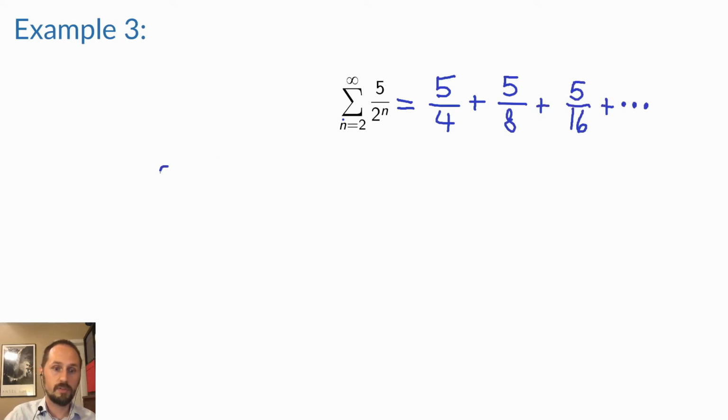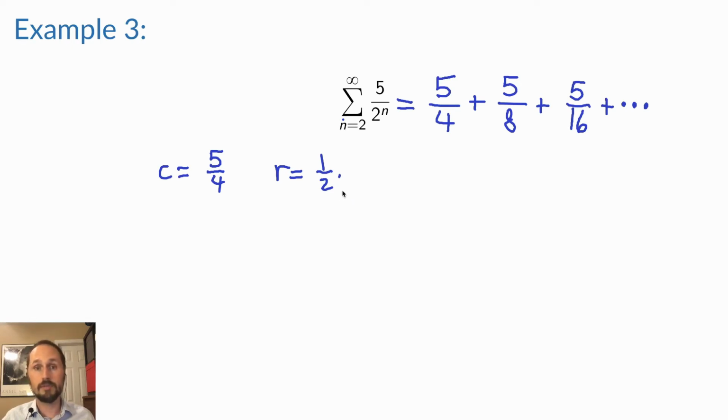Right? So this gives us c is 5 over 4. That's fine. And r is equal to 1/2. Right? 1/2 is how you jump from 5/4 to 5/8. It's also how you go from 5/8 to 5/16. And so the common ratio is 1/2.